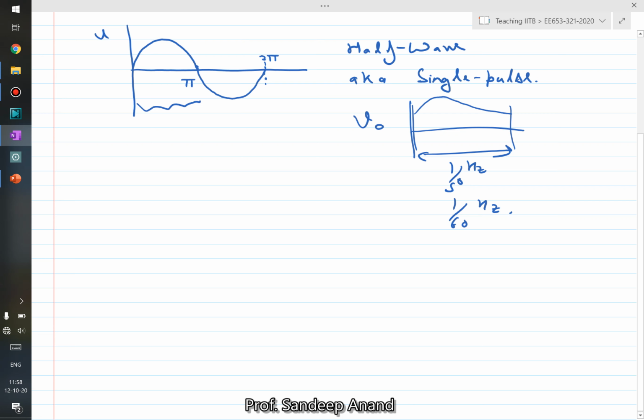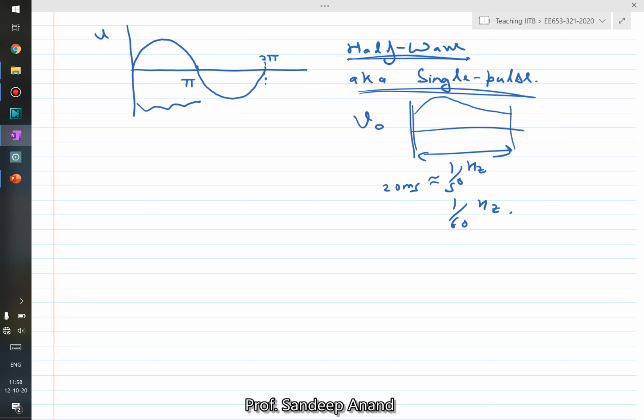So in this time period you have one pulse, and therefore they are called single pulse. If you have two pulses in this, then you would call it two pulse. If you have six, you will call it six pulse, and so on. So the half wave rectifiers are also known as single pulse rectifier circuits.